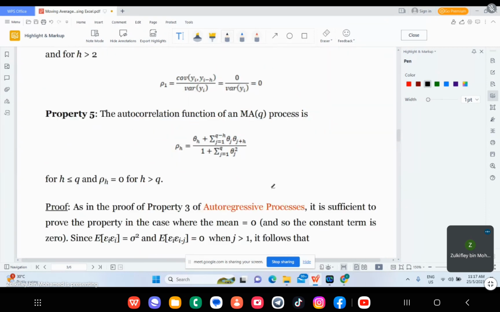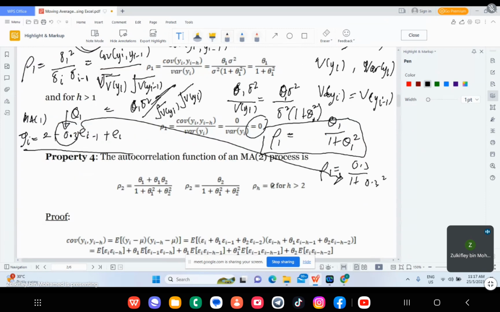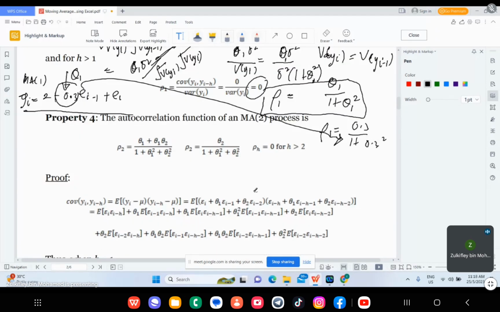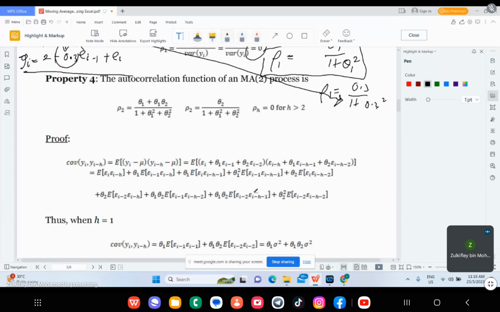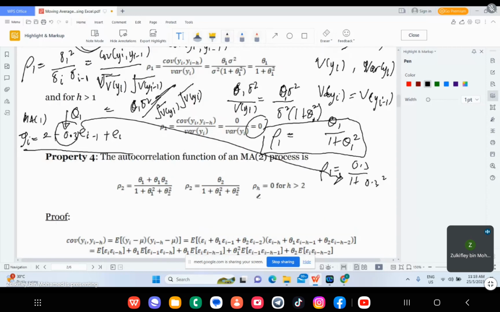Yang pertama lah kita nak prove MA2 ni agak panjang, tapi kita rehat kejap. Saya tak berbaloi lah saya nak prove MA2 ni, dia panjang sangat di sini. Takut awak confused. Okay. So basically for MA2, you have two autocorrelation functions.